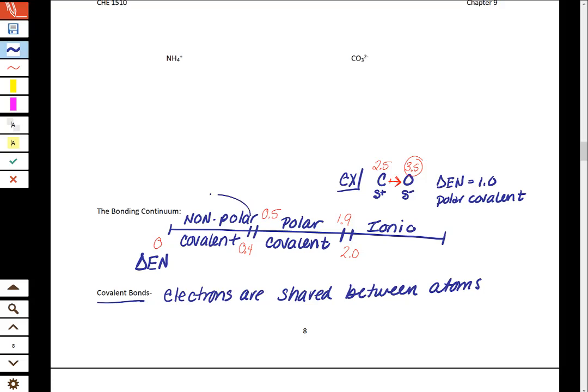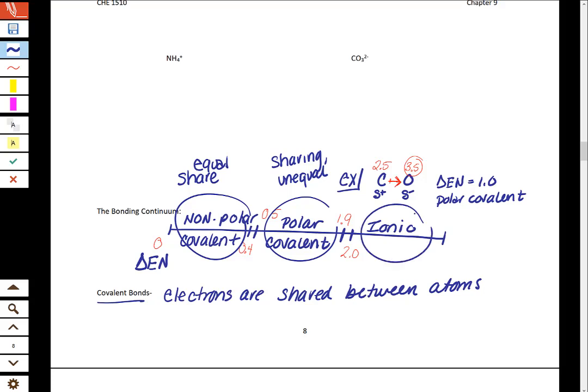So a nonpolar covalent bond would be equal sharing of electrons. A polar covalent bond is still sharing of electrons, but unequal. And then an ionic bond is a complete transfer of the electrons to form ions, which are then electrostatically attracted to one another.